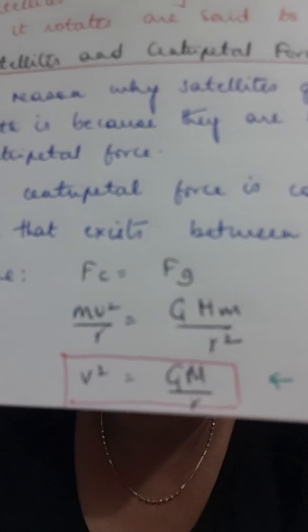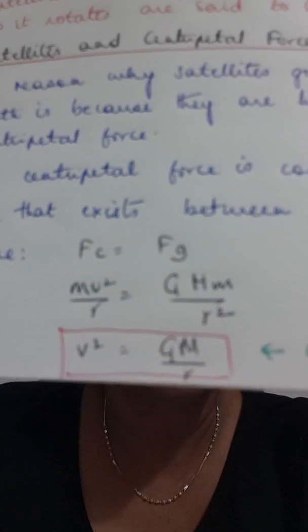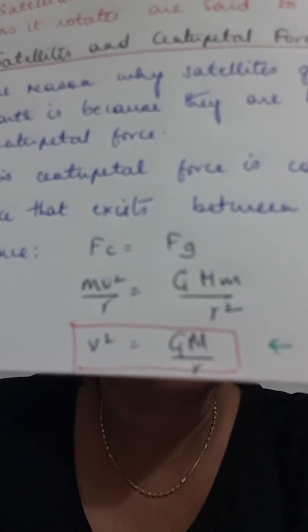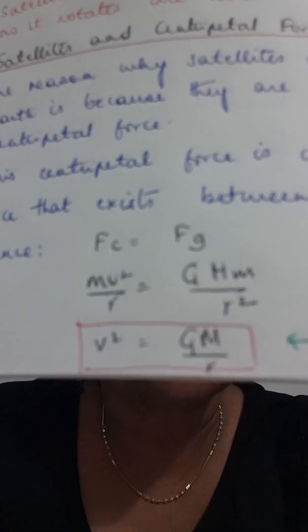So we end up with an equation to find the orbital speed of the satellite, which boils down to GM over r. That gives you v squared, and you've got to find the square root of this.